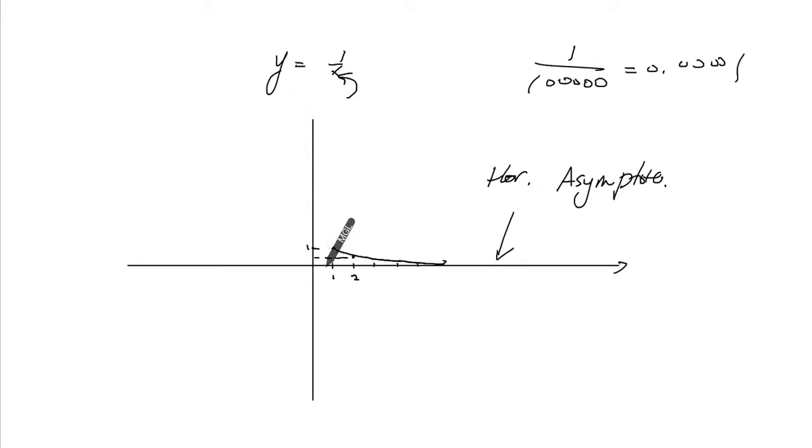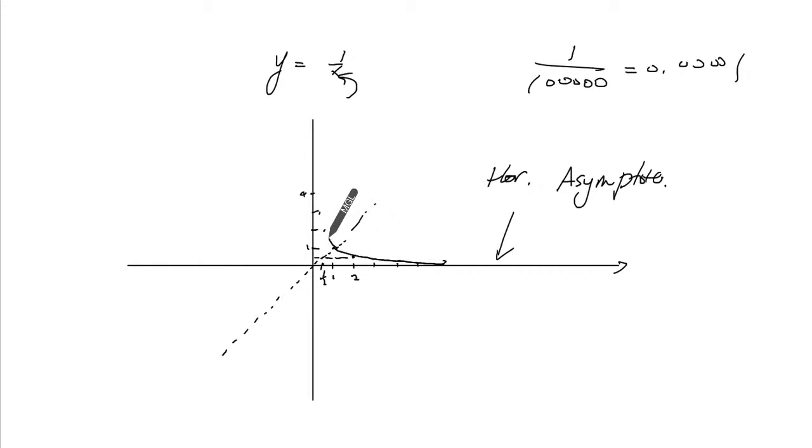Now let's see what happens if I plug in half. Because it's a reciprocal, 1 over half is 2. If I plug in a third, I get 3. If I plug in a quarter, I get 4. And it's like a perfect symmetry along y equals x.